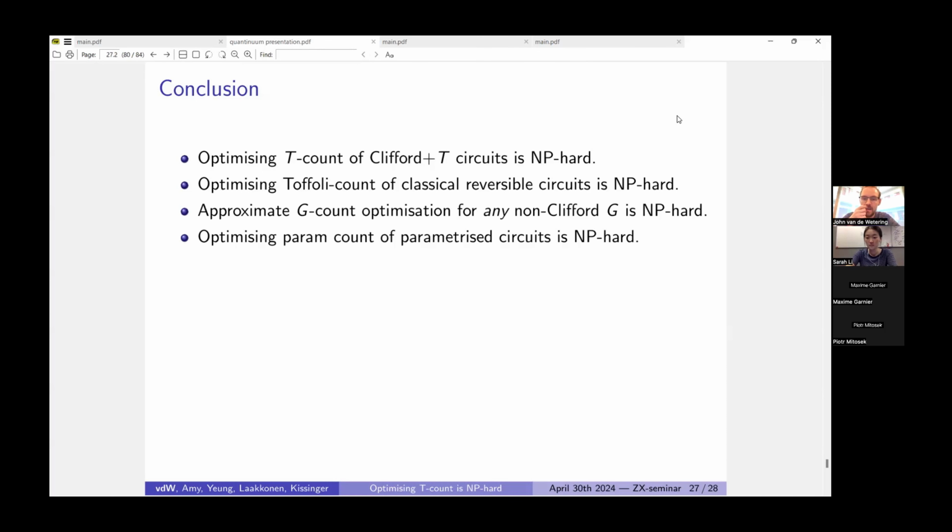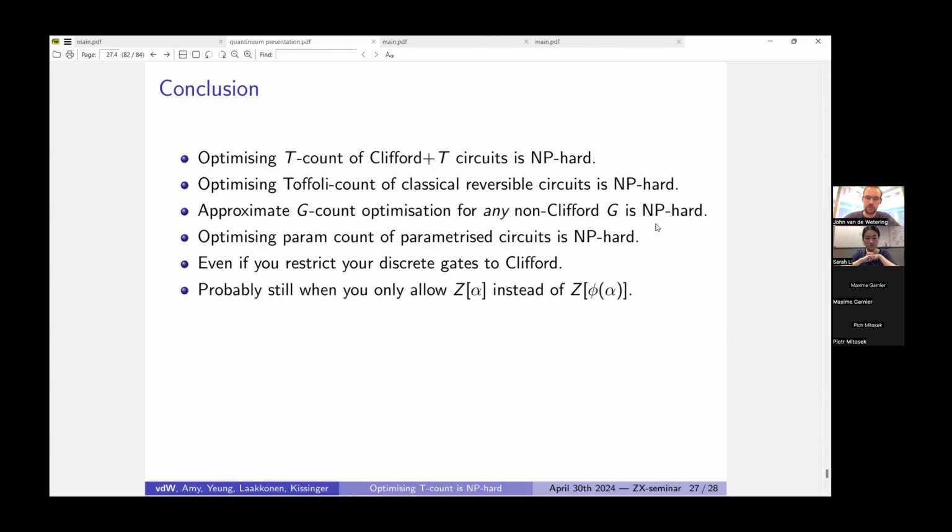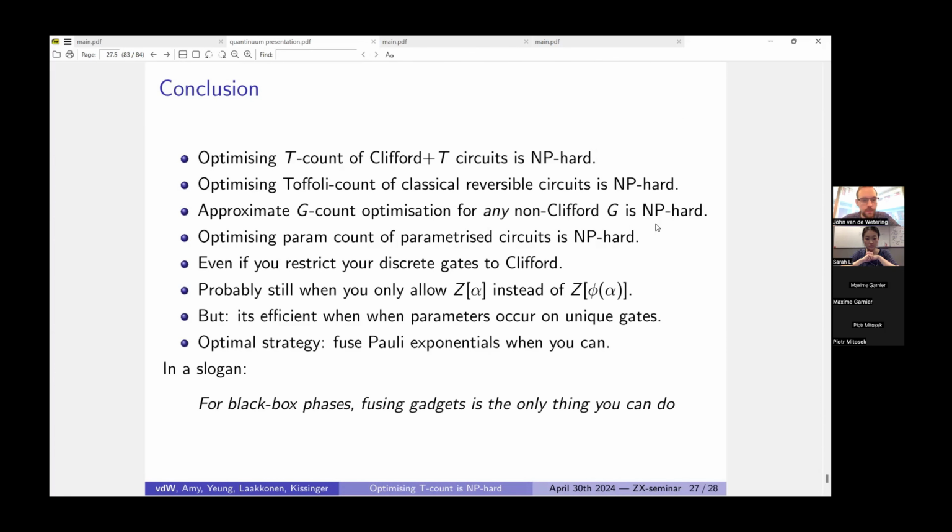And we also know that optimizing the parameter count of parameterized circuits is NP-hard in general, even if you restrict your discrete gates to Clifford, and probably even when you only allow Z(alpha) instead of arbitrary functions of the alpha. But we do know it is efficient when the parameters occur on unique gates and when we don't allow this parameter to be copied in the reduction.